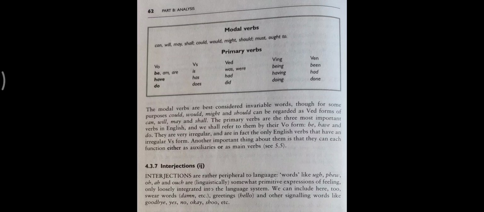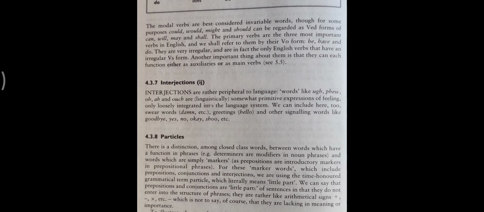Its ing form is having, and en form is had. The base form of do is do. Its s form is does. Did belongs to the past tense. Ing stands for doing, and VEN stands for done. So like this we have these modal auxiliaries.